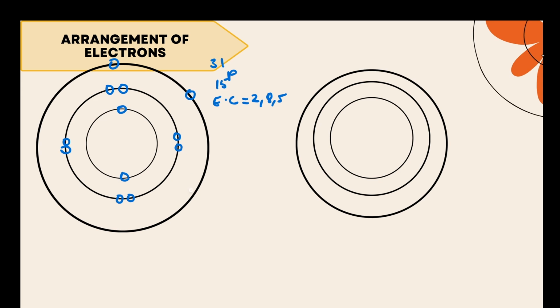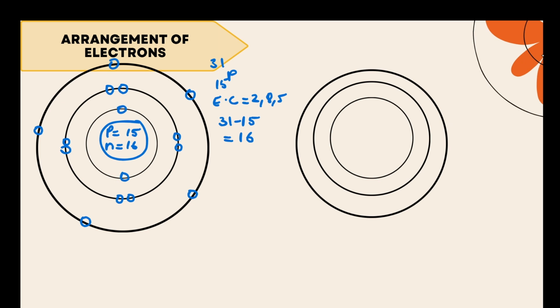Protons will be 15 and neutrons will be 31 minus 15, which is 16. That will be the nucleus, which comprises protons and neutrons. Always write the protons and neutrons. If the mass number is given, you can easily calculate and show the number of neutrons.